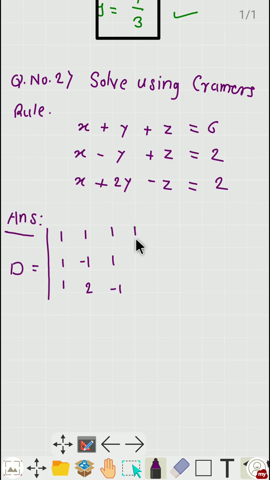So this is our determinant D. The straight lines are important here. If we calculate the value of this determinant, it is 4.